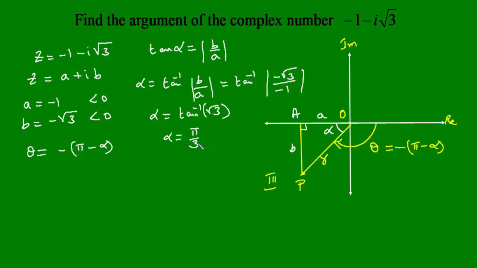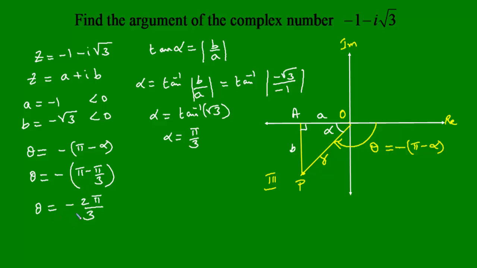Now we have alpha, we can put the value of alpha in this to get theta. Theta is equal to negative pi minus pi by 3, or simplifying, we get 3 pi minus pi, that is 2 pi upon 3. So theta is equal to negative 2 pi upon 3.